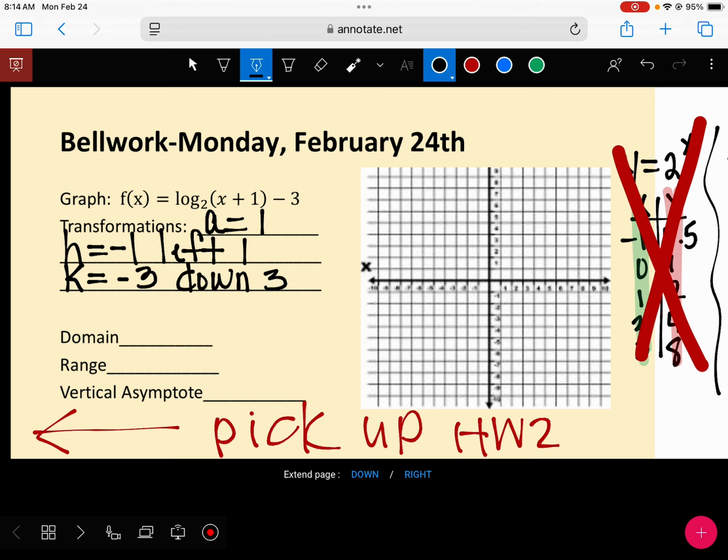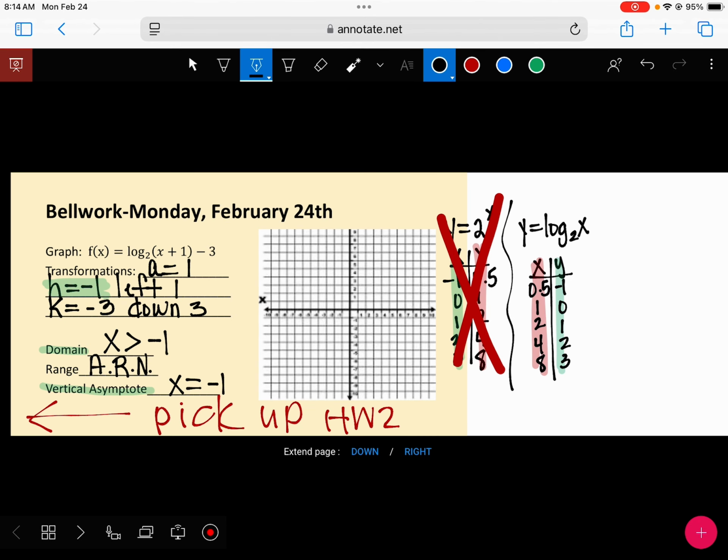So remember our h value here, that goes with our domain and our vertical asymptote. So our domain would be x is greater than -1, and our vertical asymptote is x equals -1. And our range is all real numbers. So let's go to our table now and do our transformations.